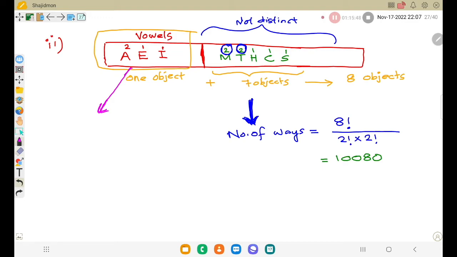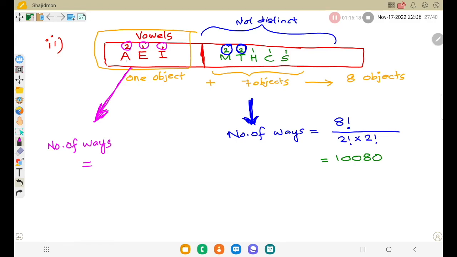So think about this one now. How many ways can we arrange this one? Can you tell me? How many objects are here in total? Now think about not one object but the different objects: A 2 times, E 1 time, I 1 time. How many objects? 2 plus 1 plus 1, so 4 objects in total.